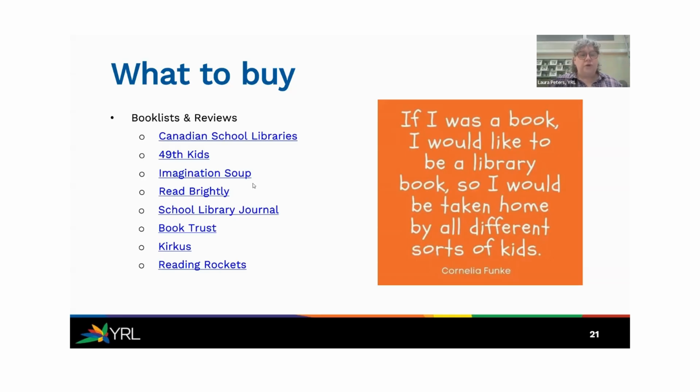Imagination Soup, Read Brightly, and Reading Rockets at the bottom there are all similar in the sense that they tend to curate themed lists and some reviews, not a tremendous amount of reviews. It's primarily themed book list recommendations, and it's going to be broken down, with Read Brightly in particular, into different demographics or age groups.